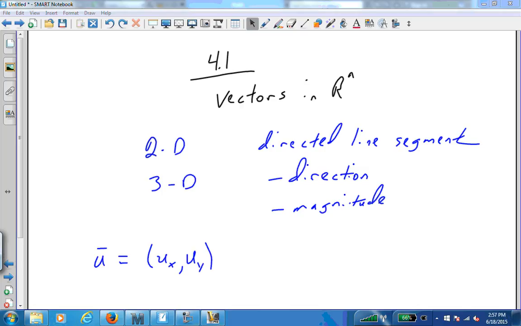As we get into 4 dimensions, 5 dimensions, 6 dimensions, etc., we can think about them kind of as points in a plane or as a directed line segment, but then you have multiple dimensions, so the same thought process doesn't quite follow through all the way.